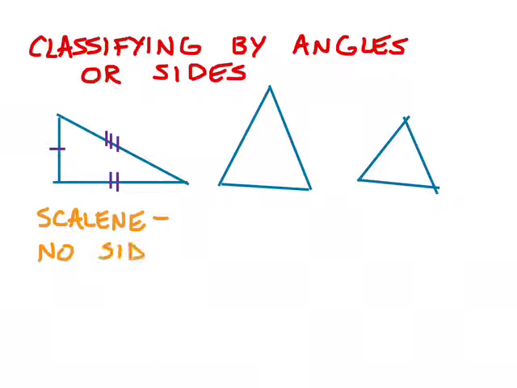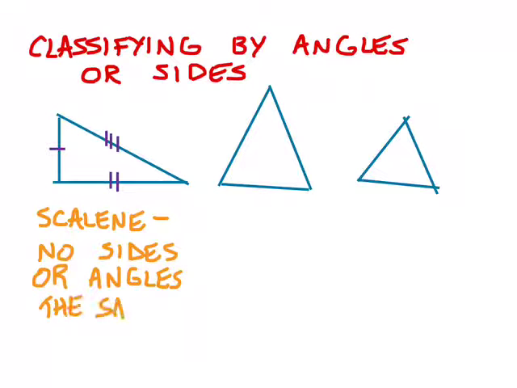And I'm actually going to expand on that definition, because if no sides are the same, no angles in the triangle will be the same either. No sides or angles the same. Our next triangle over appears at least to have the two long sides here the same length, and one side shorter on the bottom.